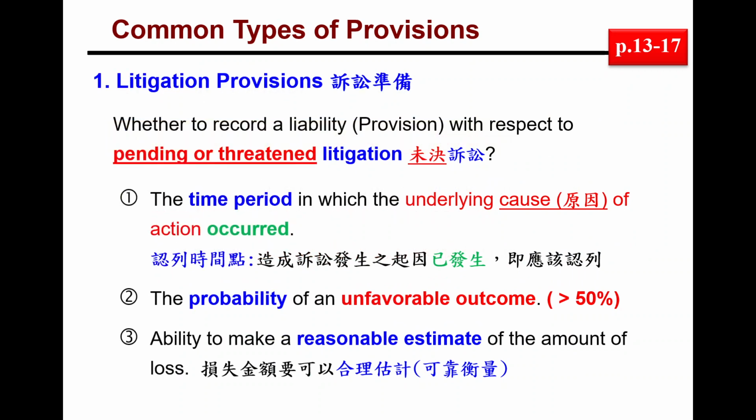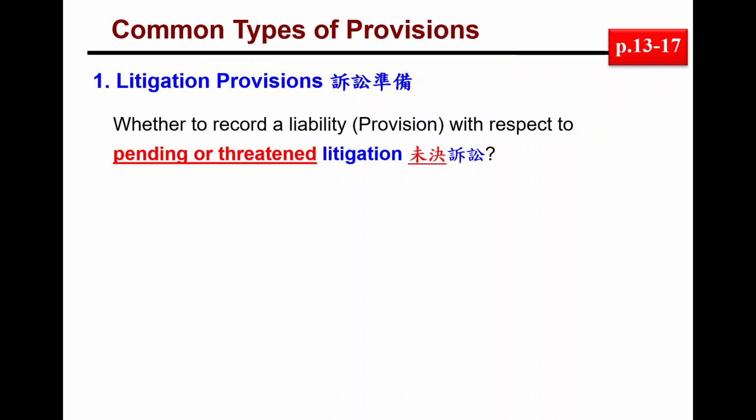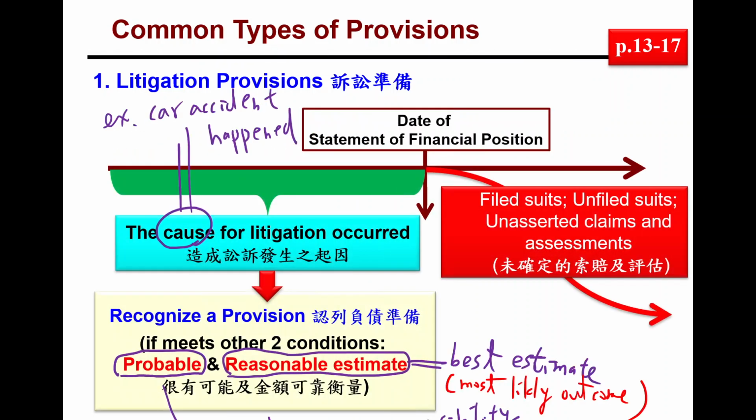Here, when we record a provision, the time period is the cause, the reason the event occurred. At this moment, we should recognize we have the provision. It doesn't matter when you get a police report, even if it comes later; when something happened already, you should record it.